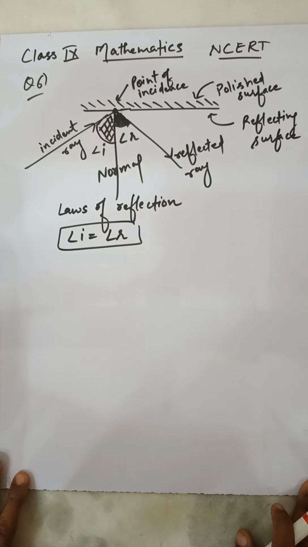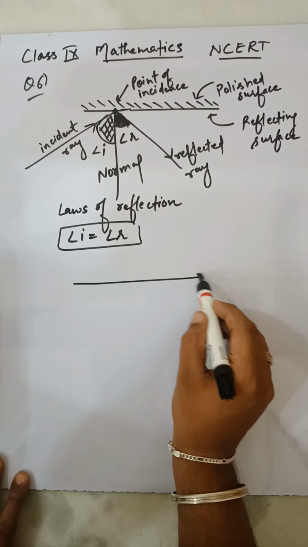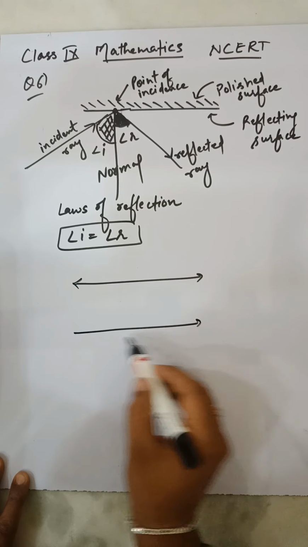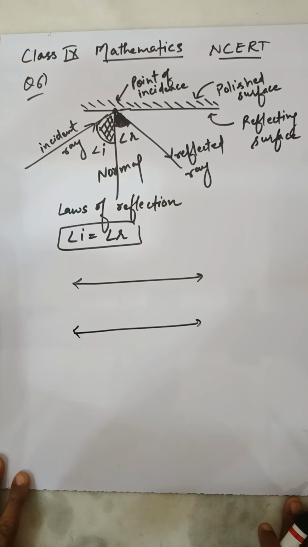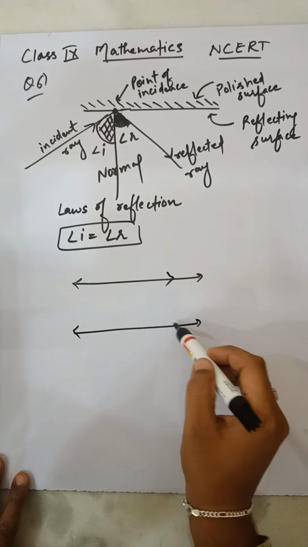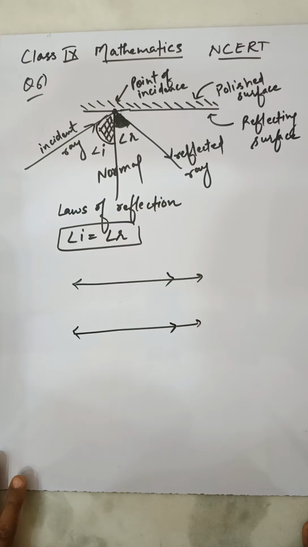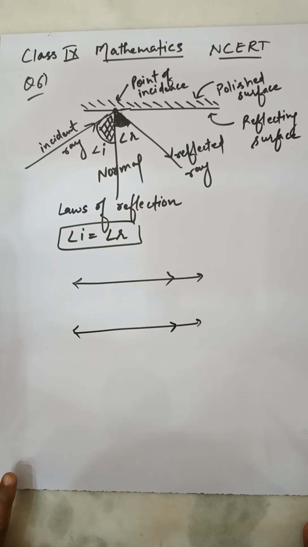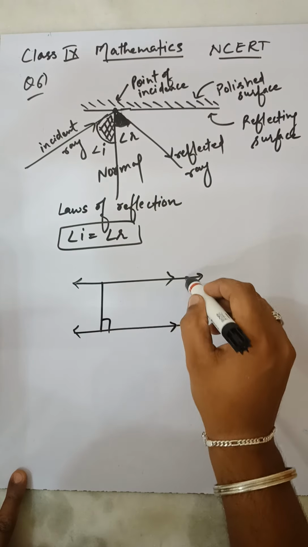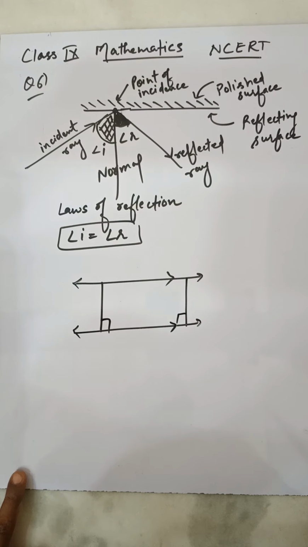One more thing, please listen very carefully: these two are parallel lines. Parallel lines are represented by putting arrows on these lines. What is the definition of a parallel line? Parallel lines are lines whose perpendicular distance remains the same throughout whenever they are produced infinitely in any direction.